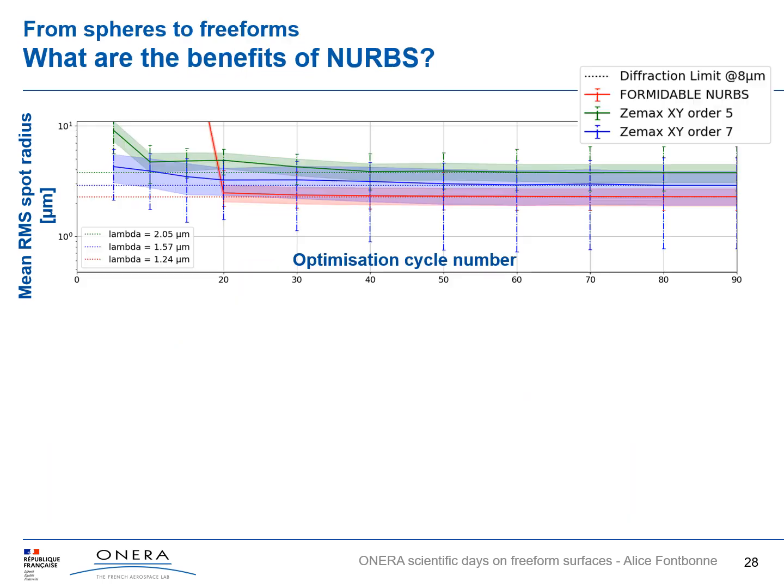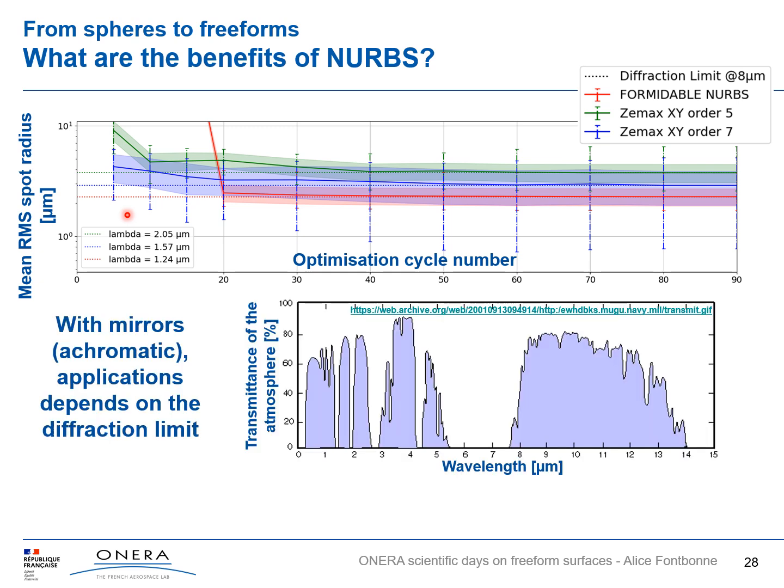And about these results, you have seen that the Formidable NURBS give the best result compared to the XY polynomial of order 7 and those of order 5. And all these results, the mean RMS spot radius, are linked to a diffraction limit. With mirrors, which are achromatic, the application depends on the diffraction limits.